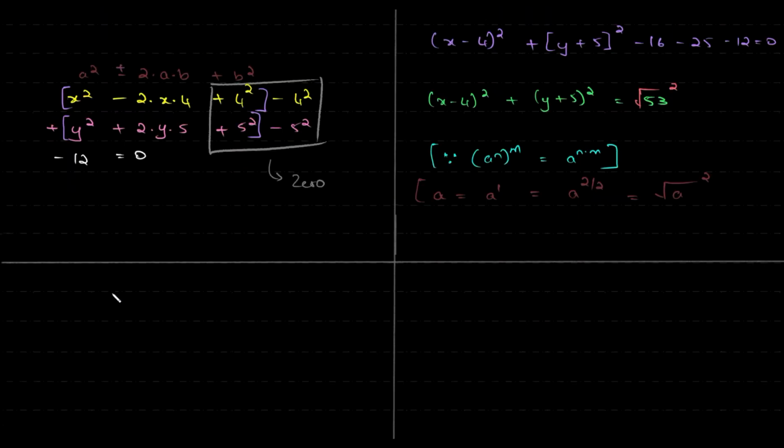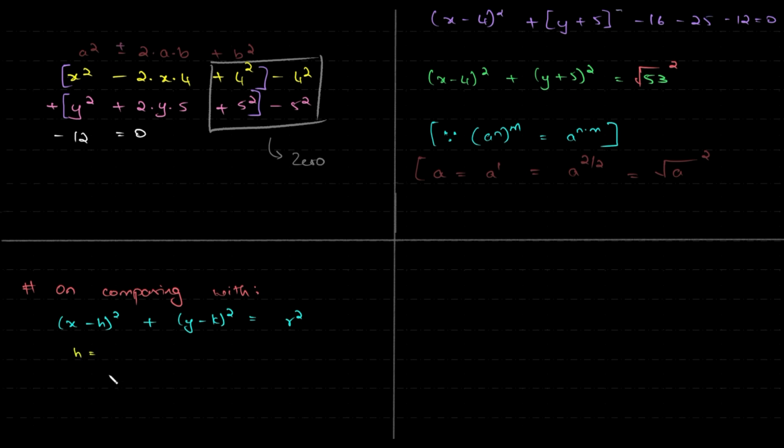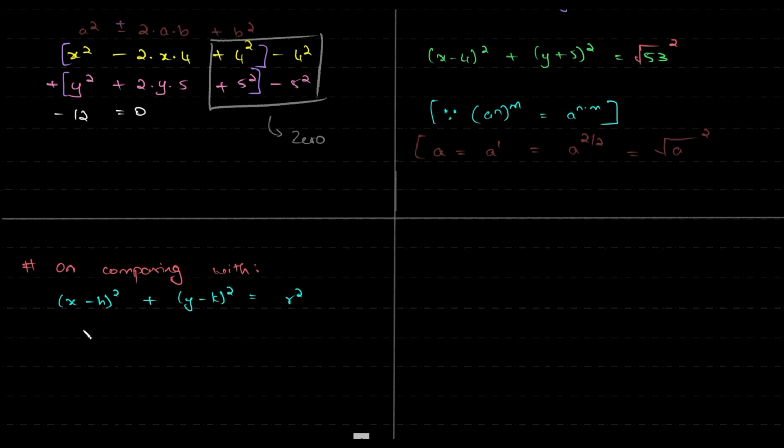And finally we can write, on comparing with the standard form, which is x minus h the whole square plus y minus k the whole square equal to r square. So we have h is equal to, okay, I'll show you guys a trick so that there's no confusion.